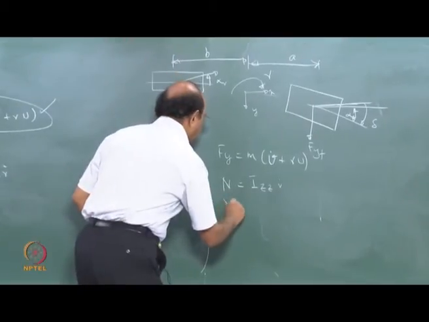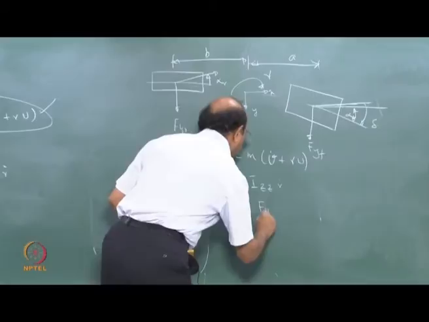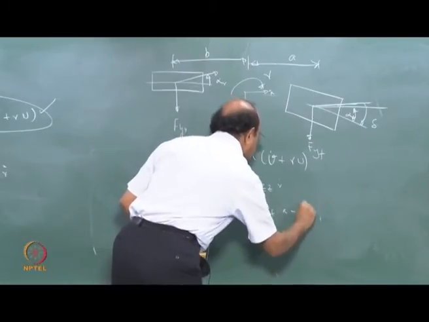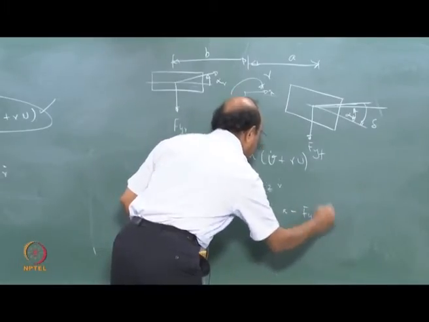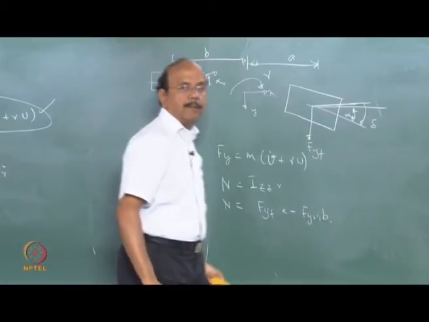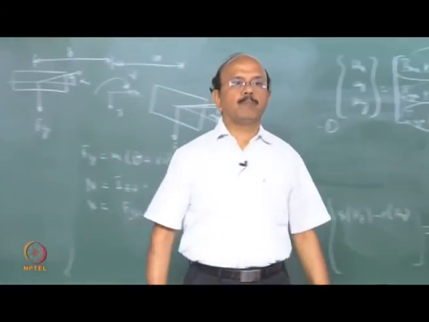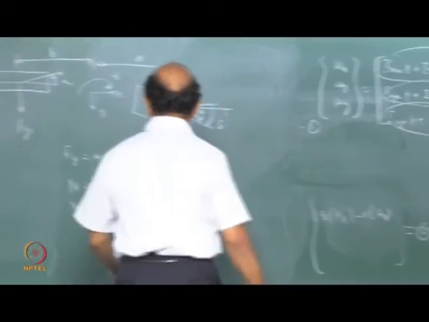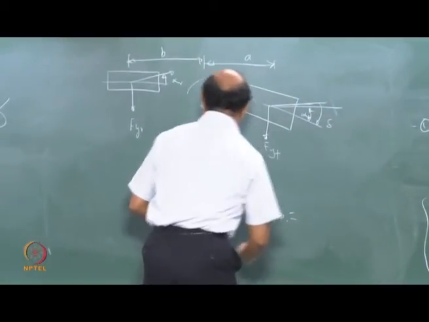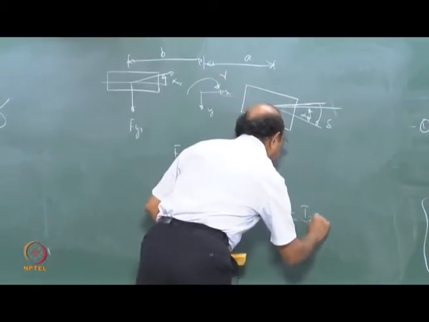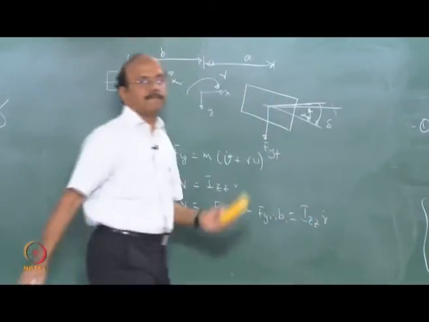So N is equal to FyF into A minus FyR into B, which is equal to Izz r dot.